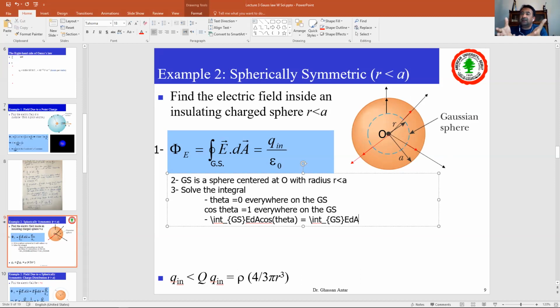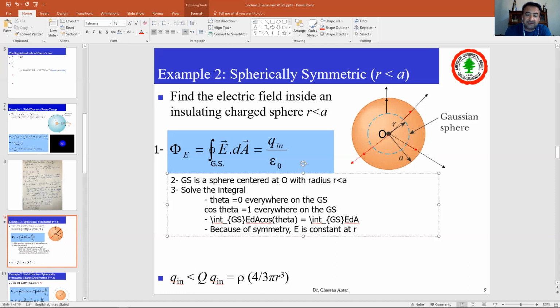And now I can reuse the issue of symmetry. Because of symmetry, E is constant at R. We said that the Gaussian surface is a sphere centered at O with radius R, so at R, E is constant.